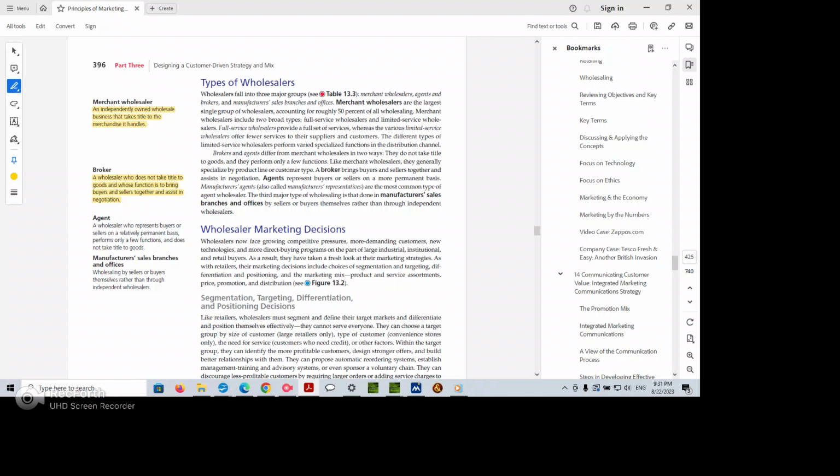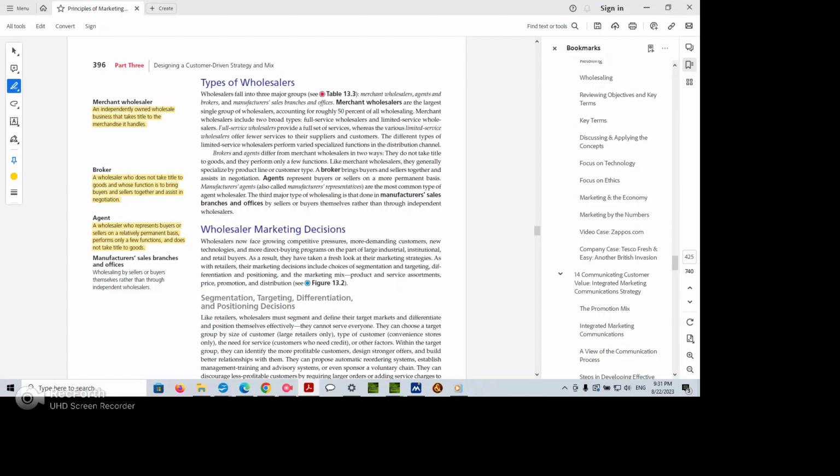An agent is a wholesaler who represents buyers and sellers on a relatively permanent basis, performs only a few functions, and does not take title to the goods. When they say title, they don't mean the name, they refer to the legal ownership.